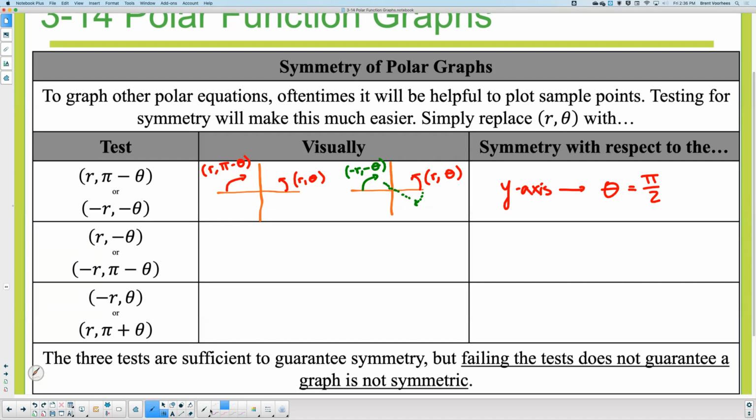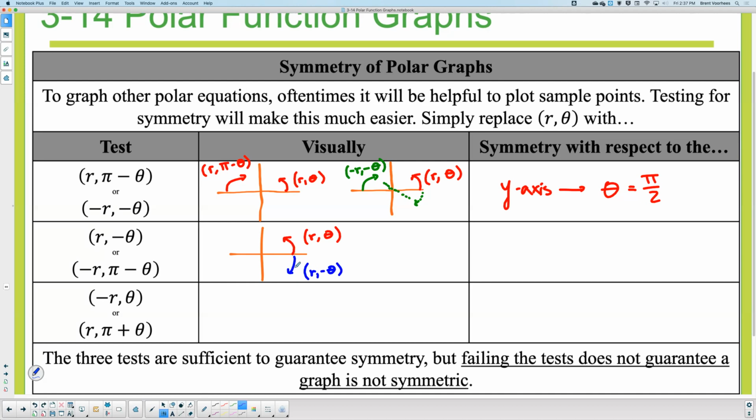For the sake of time, maybe I don't graph both of these. I'll just show you one because they're going to end up being the same picture. We want to look at r negative theta versus r theta. Okay, so again, here is r theta. Well, what's different if you replaced theta with a negative theta? What does that do graphically speaking if you have a negative angle? You go the opposite way. It goes this way. Okay, so this is now r comma negative theta.